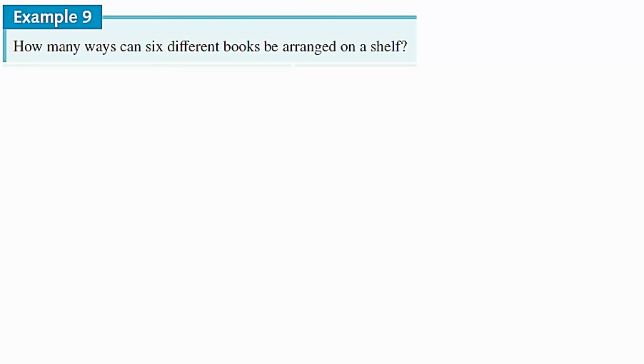All right, now let's have a look at this. Now that we know what factorial is and what a permutation is, how many ways can 6 different books be arranged on a shelf? So you have 6 different items, like A, B, C, D, E, F. It'll be 6 factorial.